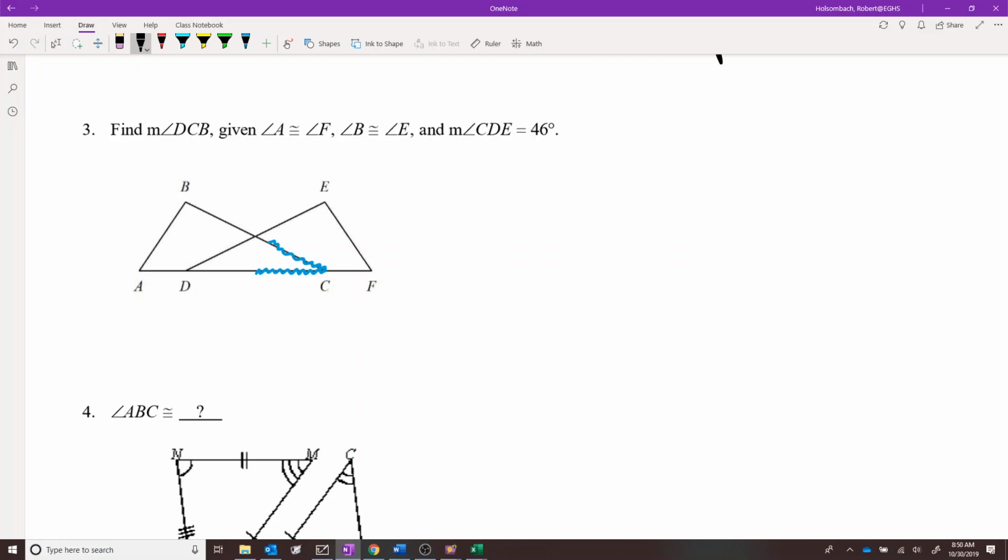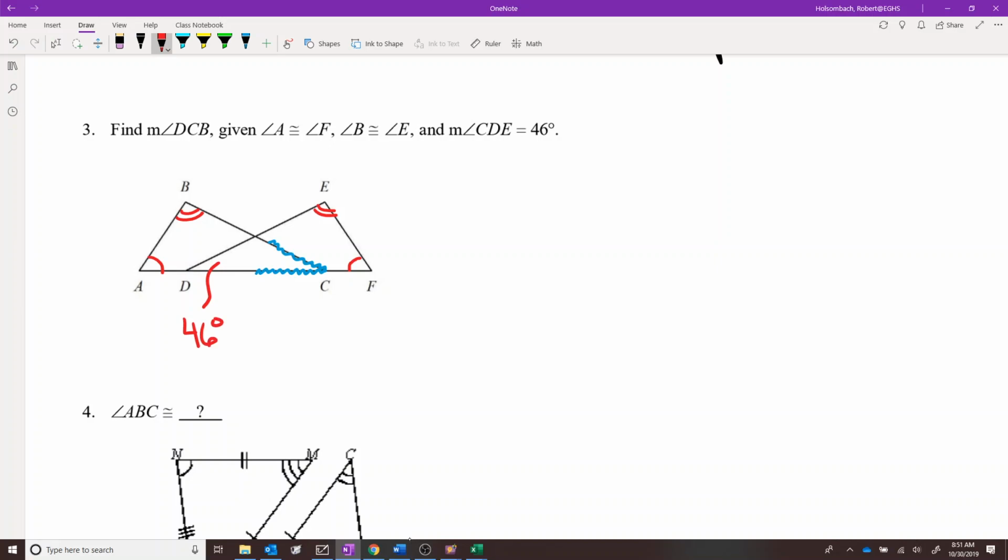Given, angle A is congruent to angle F, B is congruent to E, and the measure of CDE is 46 degrees. CDE, this angle right in here, is 46 degrees.